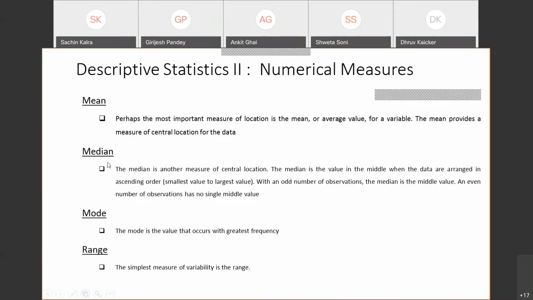Now comes the median. The median is another measure of central location, and it may or may not be equal to the mean. The median is the value in the middle of the data when data is arranged in ascending order.